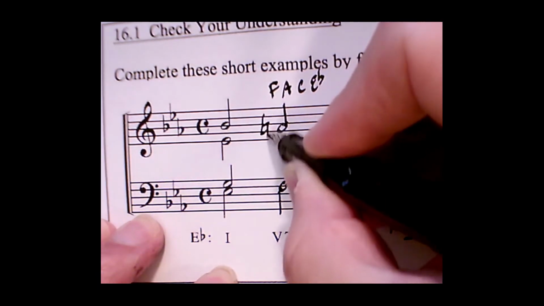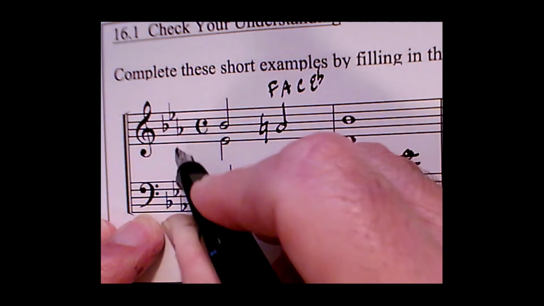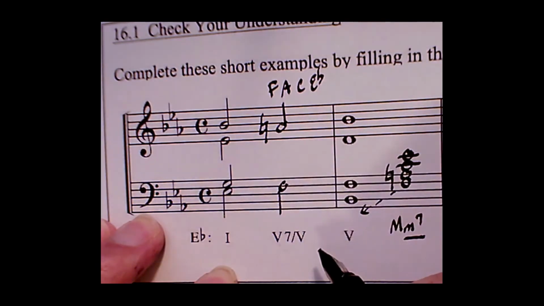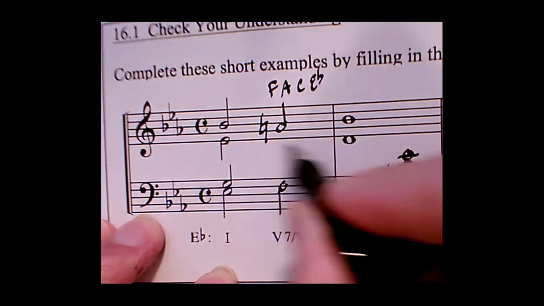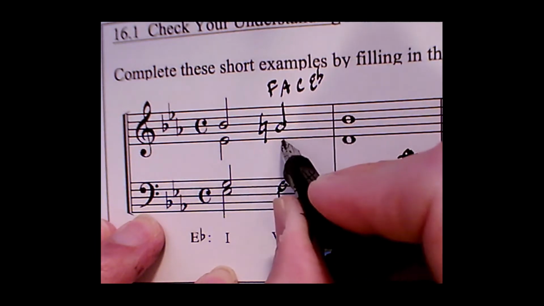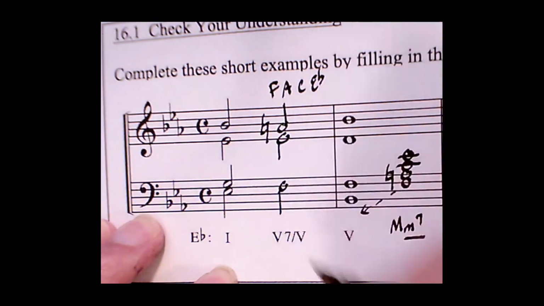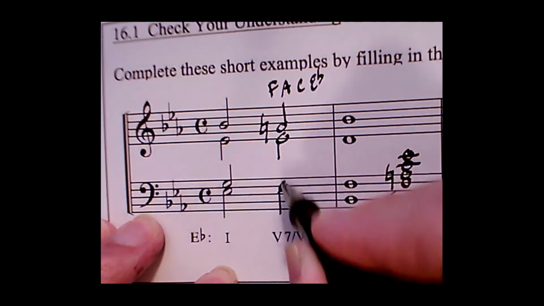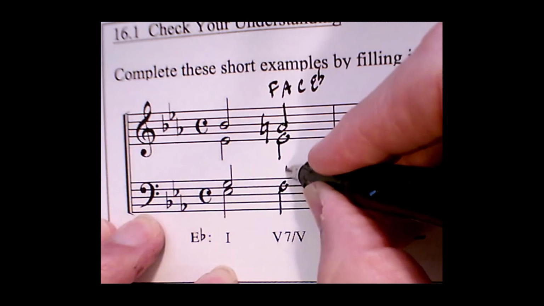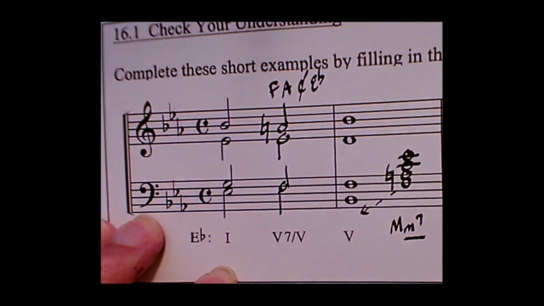And remember, it's A natural, because the key signature is A flat. The 7th of the chord is E flat, and that needs to resolve downward, so it looks like that would be a good place for the E flat. I'll put it there. And I don't really have much space for a C, so I'm going to go ahead and double the root and leave the C out.